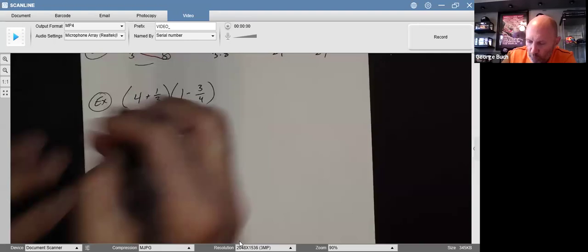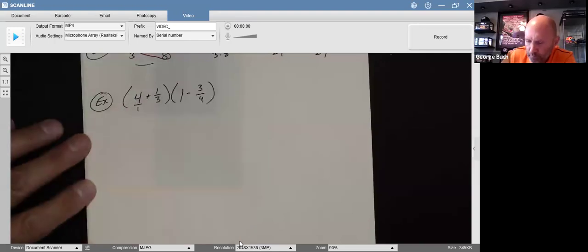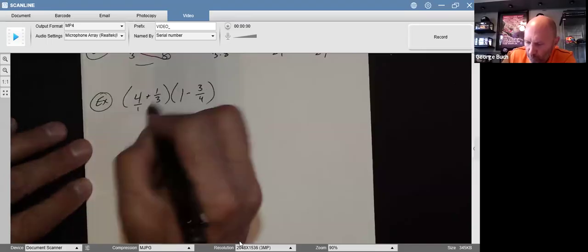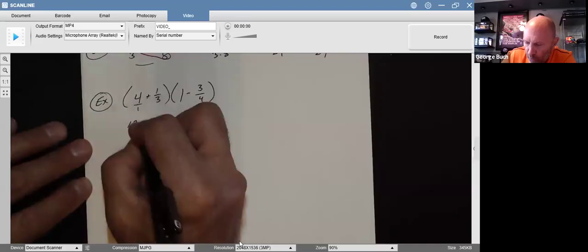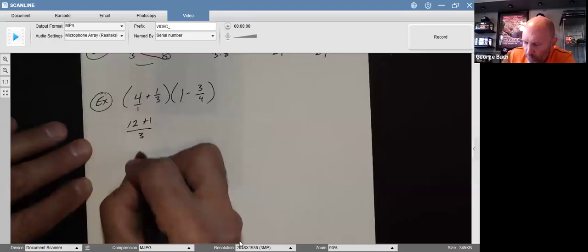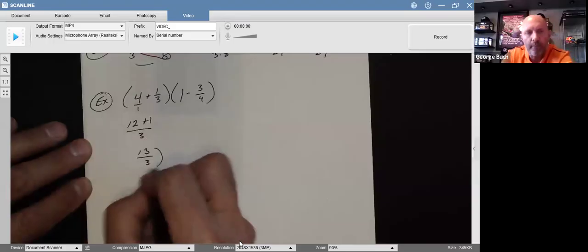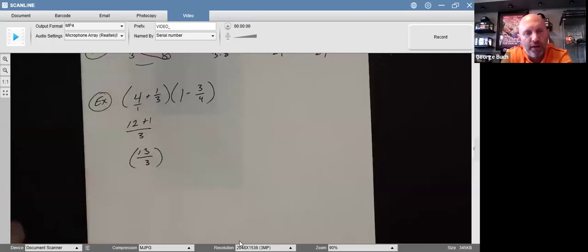For 4 plus 1/3, I can think of this like 4 over 1. So when I do my cross multiply, I have 4 times 3 is 12, plus 1 times 1 is 1 over 1 times 3 is 3. So 13 over 3 is this first fraction. The first parentheses, if I simplify it, is 13 over 3.